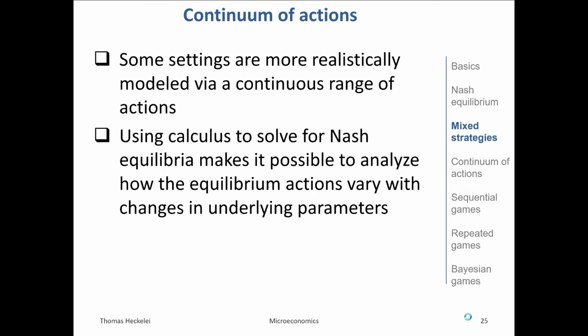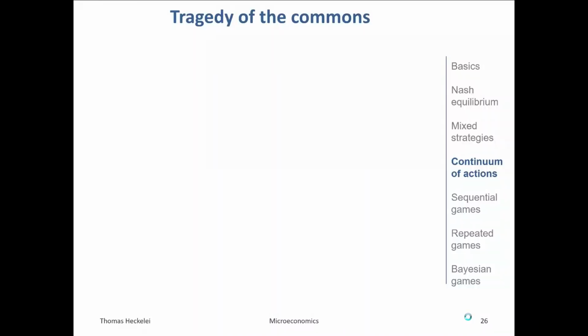And this makes it possible for us to analyze at which point of that range the equilibrium action will occur. For this setup, we will take the tragedy of the commons as an example.